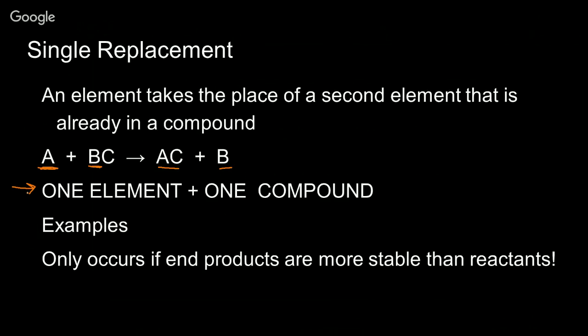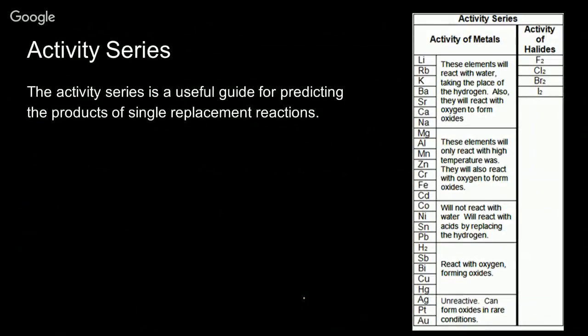Now, this only occurs if the end products are more stable than the reactants. Okay, so more stable, this has to deal with reactivity of the metals. To look at this, we use something called the activity series, which is shown on the right. And this is a useful guide for predicting the products of single replacement reactions.